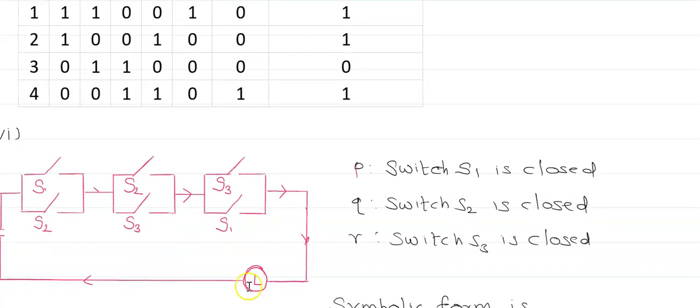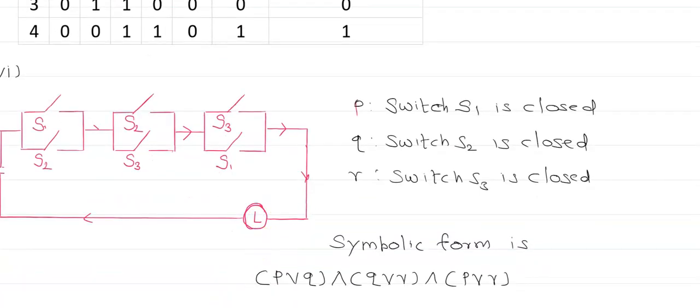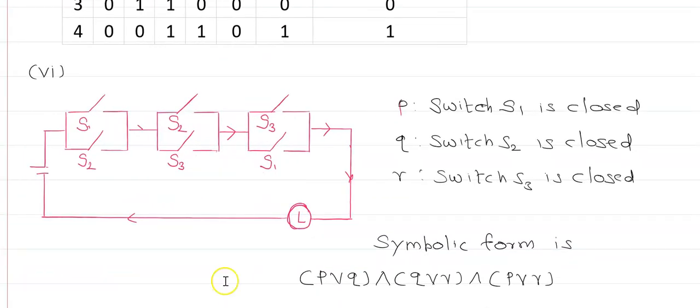Now the next is this circuit. S1 and S2 are in parallel. Again, they are in series with S2 and S3, which are in parallel. Again, they are in series with S3 and S1, which are in parallel.